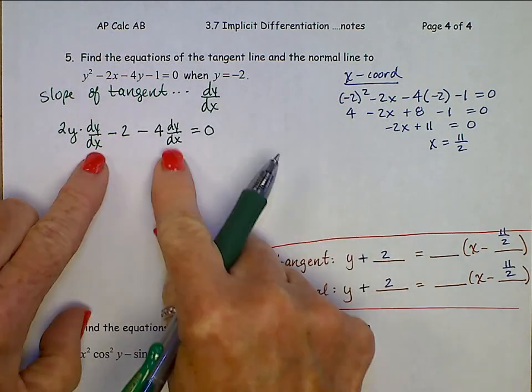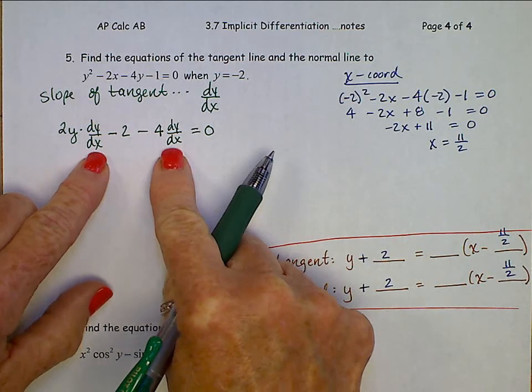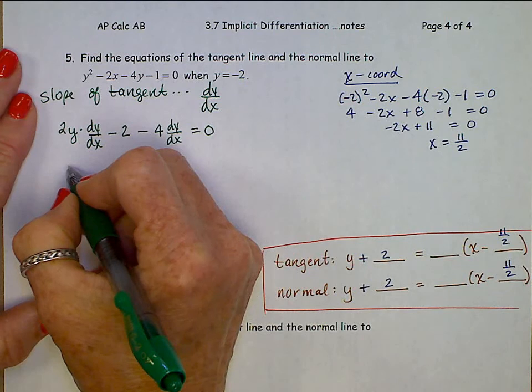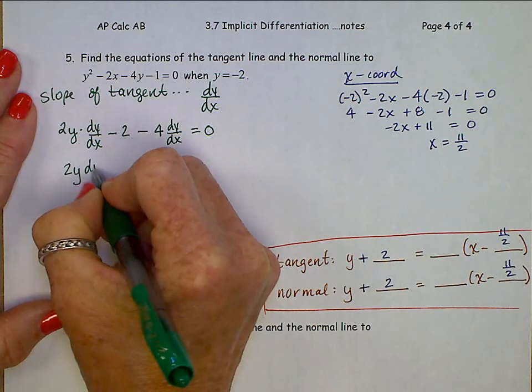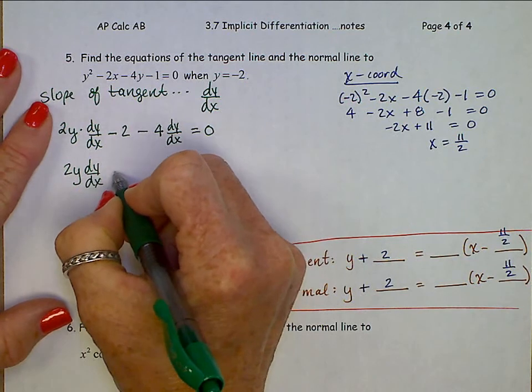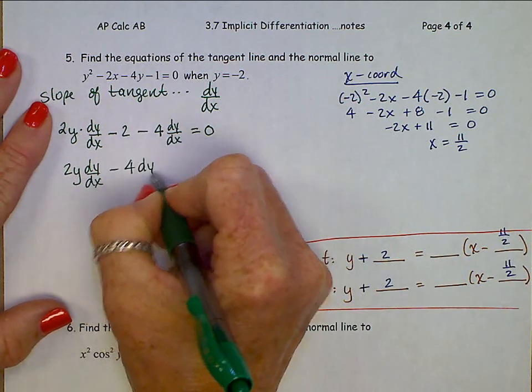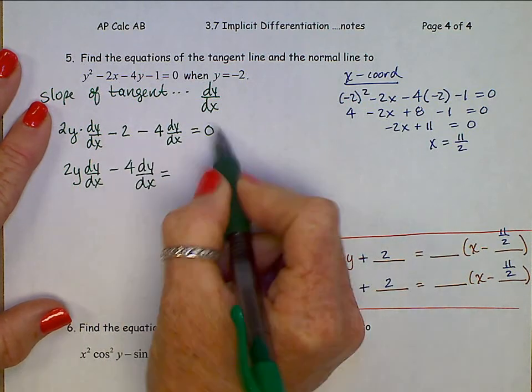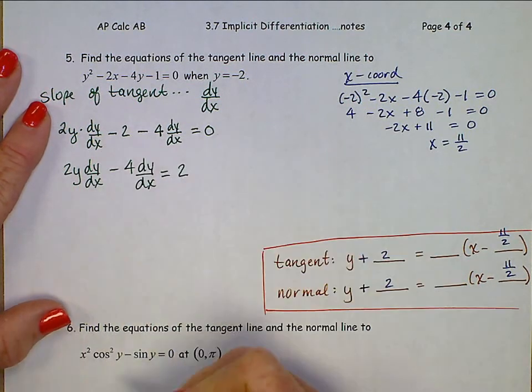Let's solve for dy/dx. I might clean this up a bit first. We'll have 2y dy/dx minus 4 dy/dx equals, we might as well pull that 2 over to the other side right away, equals 2.